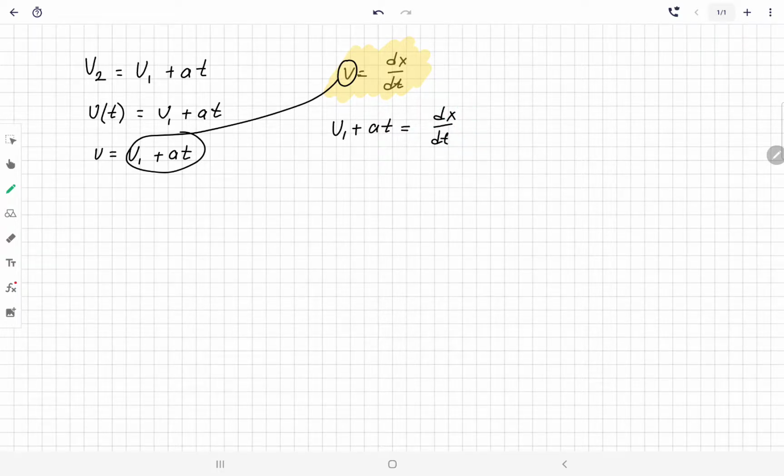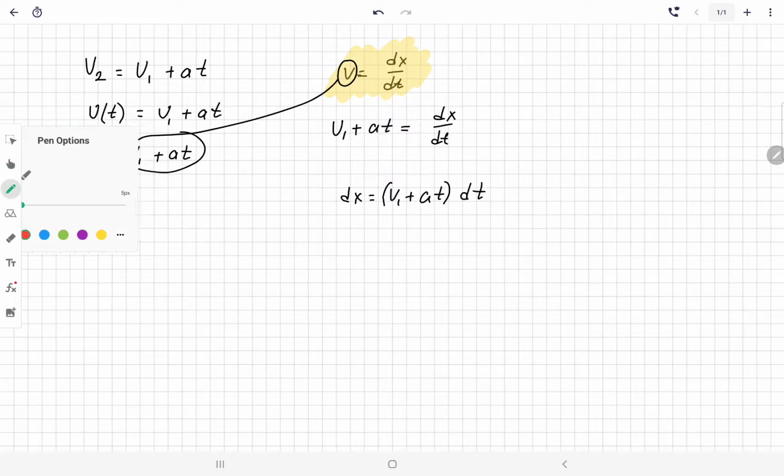This is a derivative basically. From here, delta x equal to V1 plus at times delta t. So the first part is totally math, it's not physics. Physics is only here. We substituted the first equation, that's all. Further is just totally math.